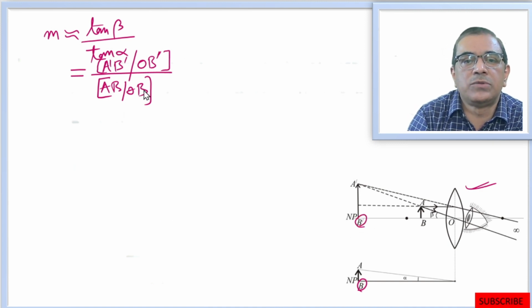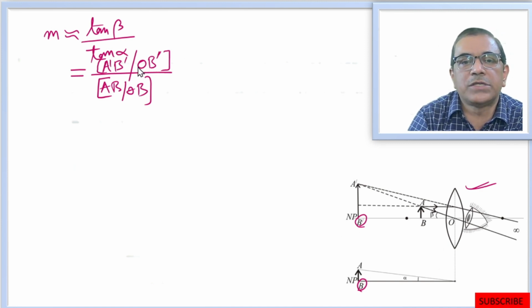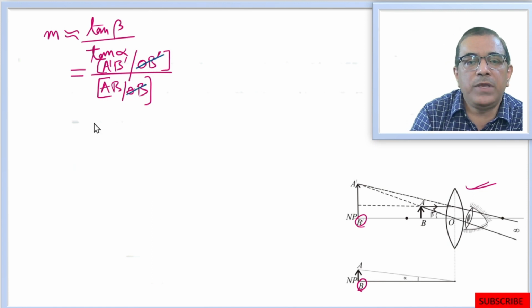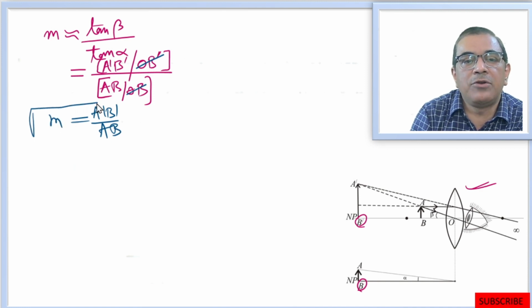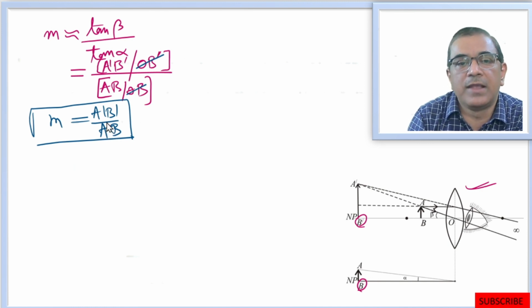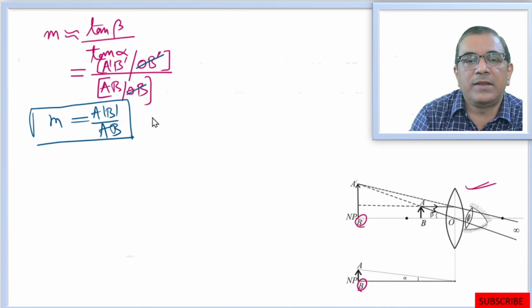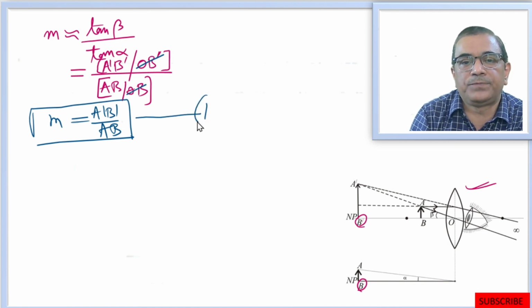So OB dash will be cancelled by OB, and this is equal to A dash B dash by AB. Interestingly, the angular magnification is equal to size of image upon size of object, and this happens to be the linear magnification. So in this case of a simple microscope, the angular magnification is the same as the linear magnification. Let's write this as equation number 1.